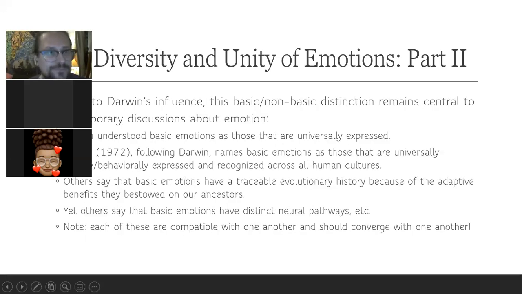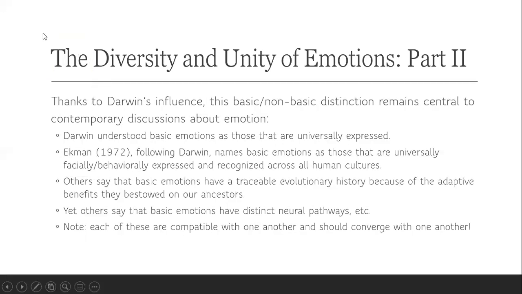What's the final way that we can carve this up? Well, others might say that we can distinguish between basic emotions and complicated emotions because basic emotions have distinct neural pathways. I won't say too much about that, other than this does seem to be true of the emotions that, for example, Ekman identifies as basic.